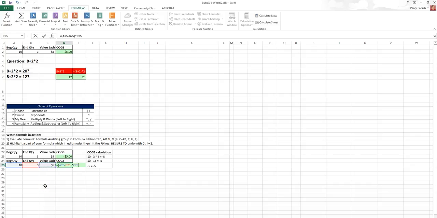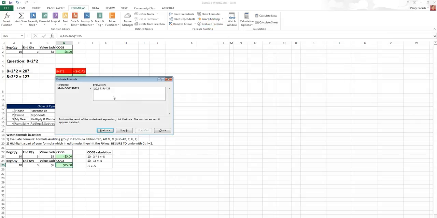And if I click on the check mark, ta-da, that is the right answer. Why? Because it evaluates from left to right, and multiplication happens before addition, so we have to put a parentheses around it. And it becomes really clear when you use evaluate formula.